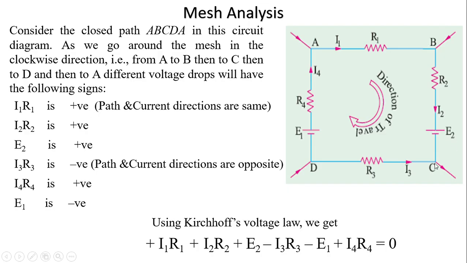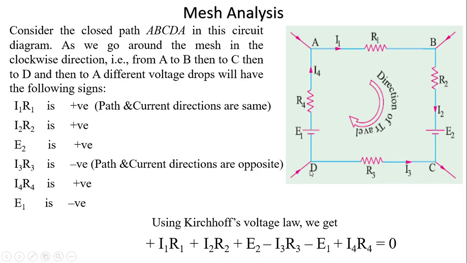Now from C to D, your path direction is C to D, and the current direction is opposite, that is I3 is opposite to the path direction, right? So minus. From D to A, the first terminal that you come across is negative, so minus to plus is minus E1.